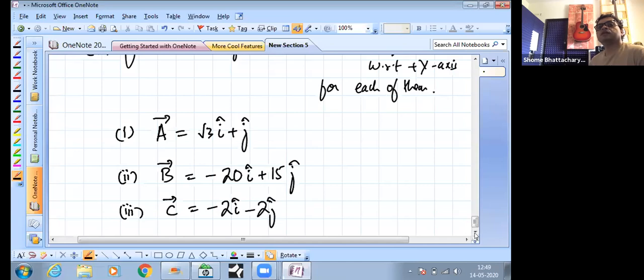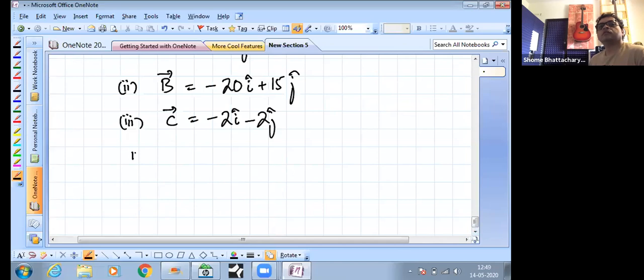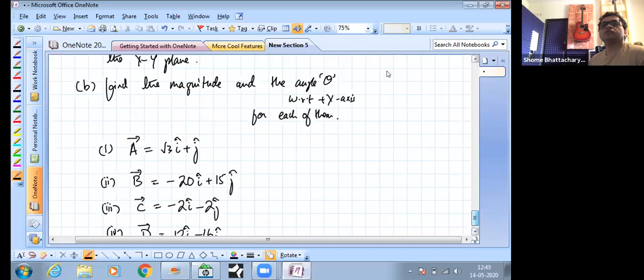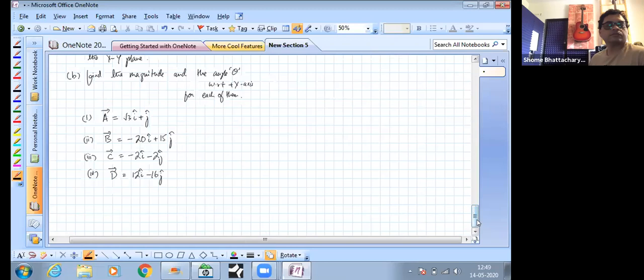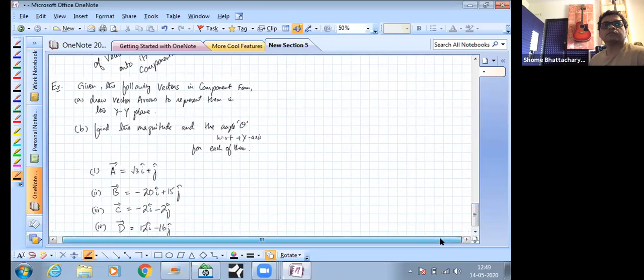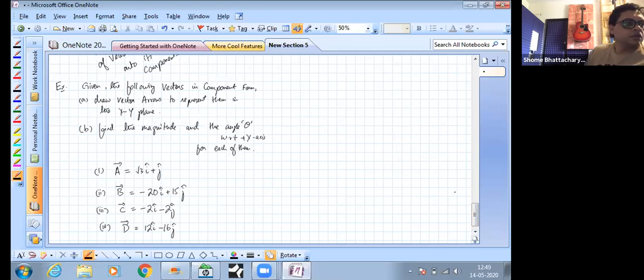And the vector D finally, let us say 12 I cap minus 16 j cap. So for each of these vectors, we have to do this whole operation. Try this out, people.